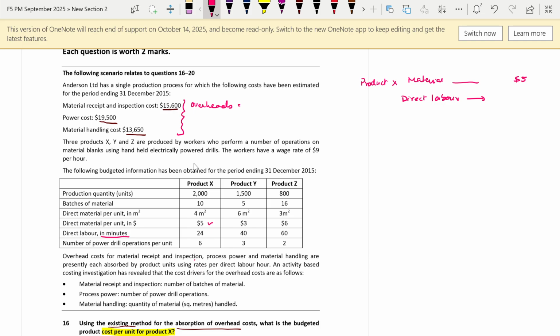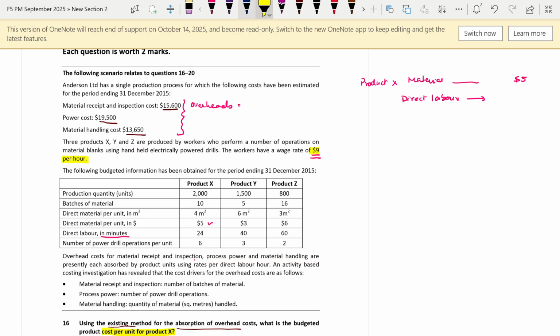Somewhere they would have mentioned that the products are produced by workers who perform a number of operations. The wage rate is how much? Here they gave it. 9 per hour. We have to read the question.